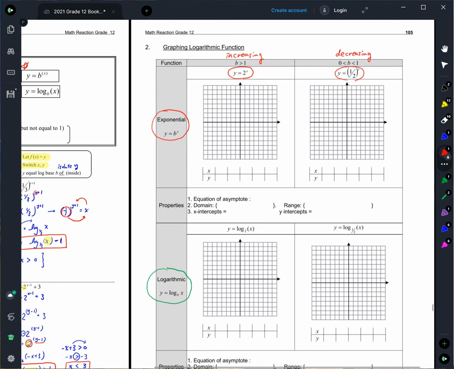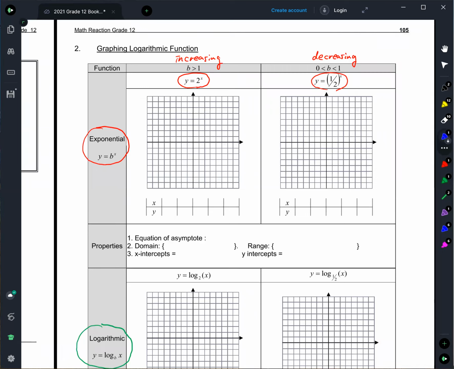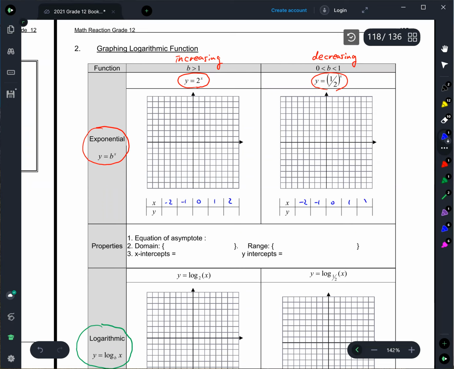Let's get some points and show the graph. You can also flip back to the previous exponential graph to copy, or just use these ones. If x is -2, y will be 1/4. -1 will be 1/2, 0 will be 1, 1 will be 2, 2 will be 4, and 3 will be 8.